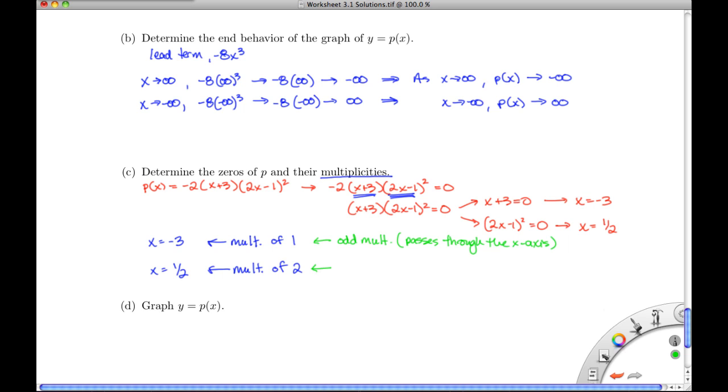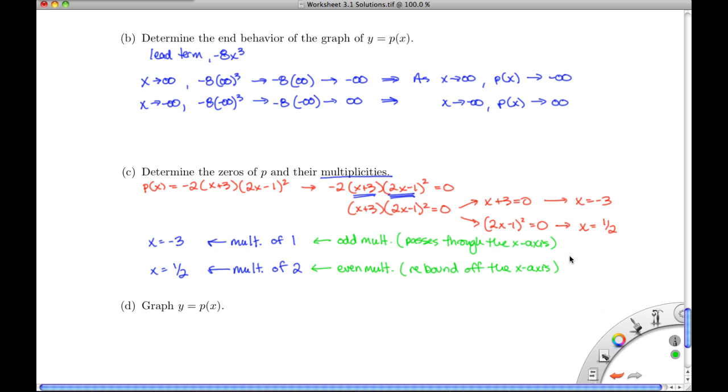Whereas since it's an even multiplicity with 1/2, this means it's going to rebound off the x-axis at that particular 0. It just kind of goes right to it, hits it, and then bounces right off and goes back to where it came from.